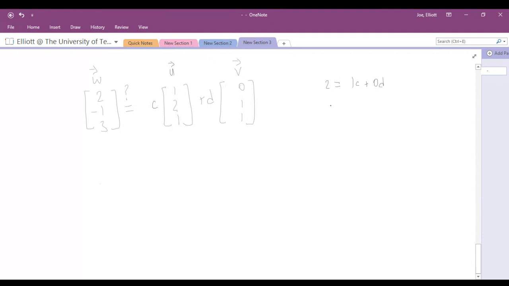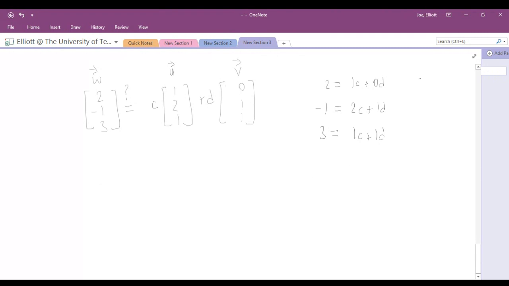Looking at the Y coordinates, I get that -1 has to equal 2C plus D. And looking at the Z coordinates, we would find that 3 has to equal 1C plus 1D. Let's see if we can solve for C and D from these equations.